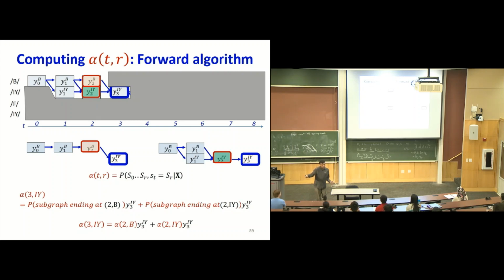Alpha is the total probability of a subgraph that ends at a specific node. And so the total probability of the subgraph ending here is also an alpha. The total probability of the subgraph ending over here is also an alpha. Right? So I can say alpha 3e is alpha 2b times y3e plus alpha 2e times y3e.